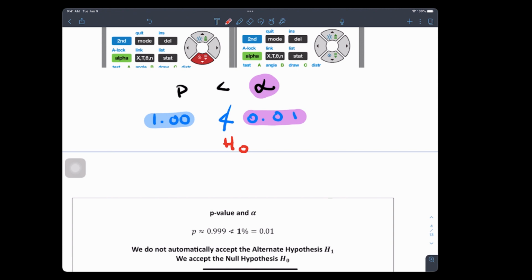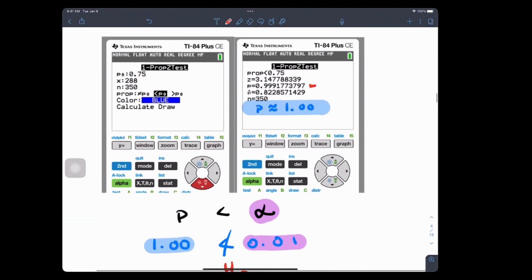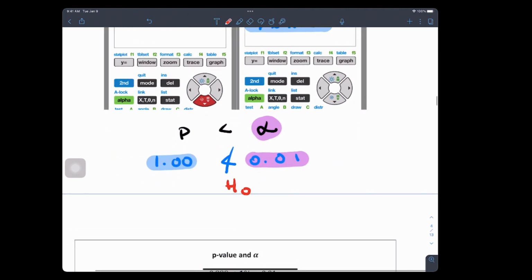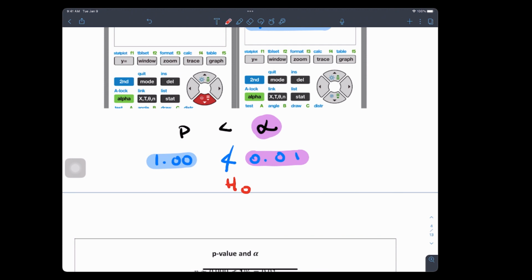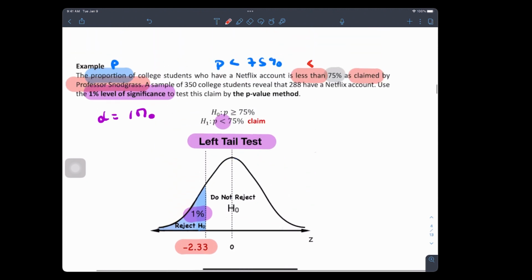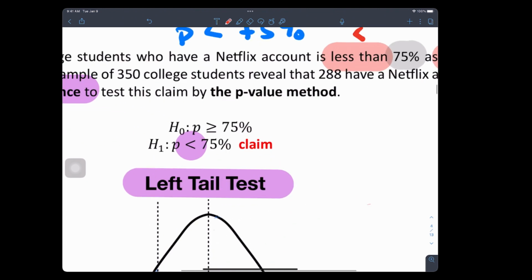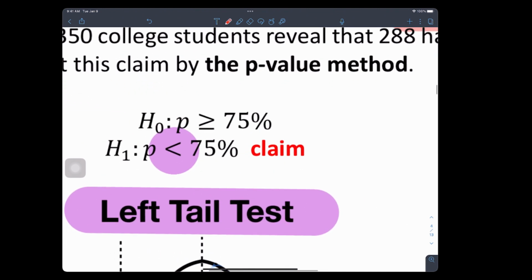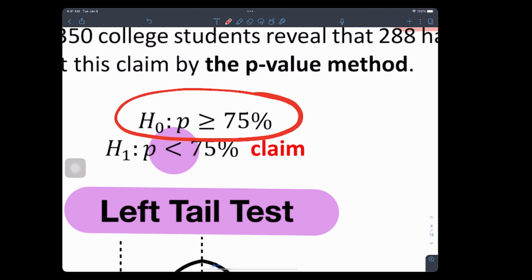So I want you guys to know that here, okay? So what is the null then? We're accepting what? We're accepting the null here. You guys okay with that? By accepting the null, we have to reject the alternate, which means we're rejecting the what?